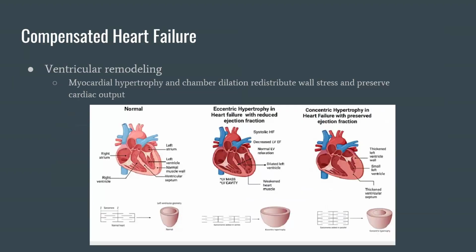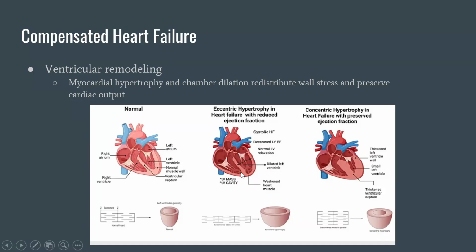Another compensation is ventricular remodeling. So myocardial hypertrophy and chamber dilation can redistribute wall stress and preserve the cardiac output for a certain amount of time. When we talked about valvular issues, we talked a little bit about eccentric and concentric hypertrophy. Eccentric hypertrophy will usually present with a reduced ejection fraction.